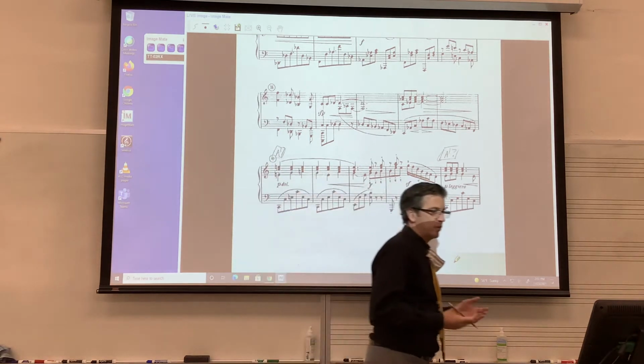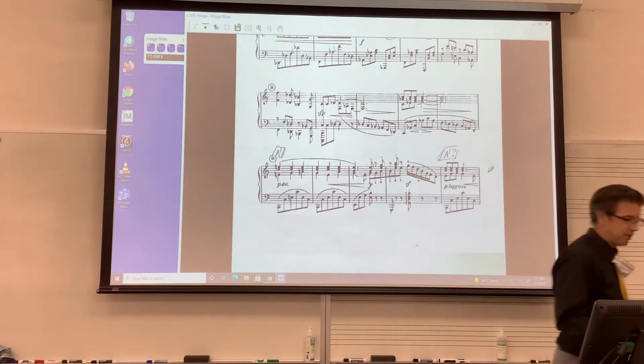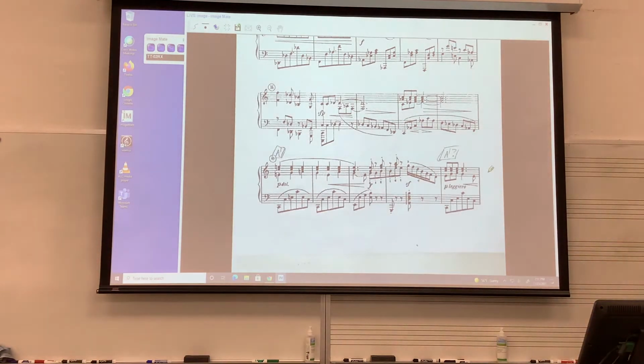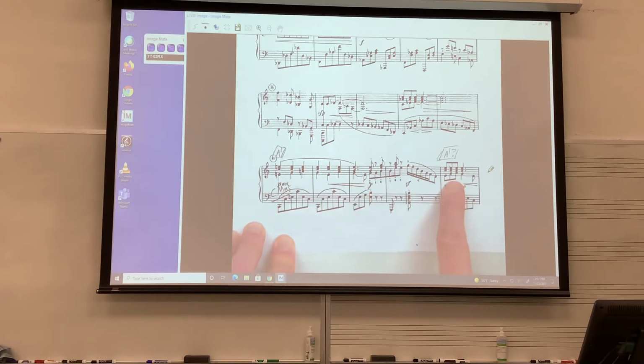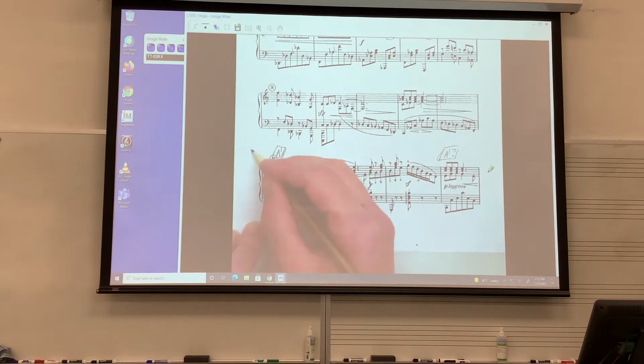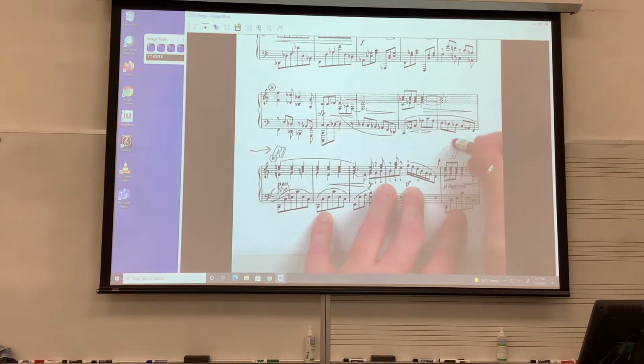So we've taken the A, but we're clearly back in C major here, our home key. We're back in C major with the melody. It's just that now it's all stretched out, and then here we get it in the proper version. So actually, this is where we return to the A theme, and not over here.